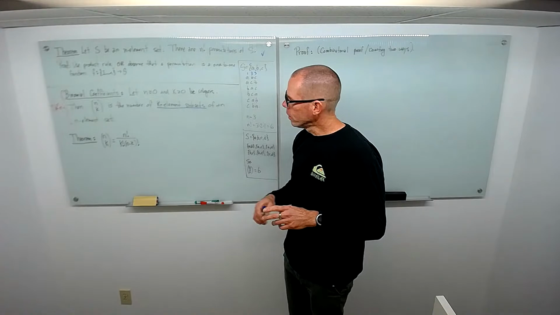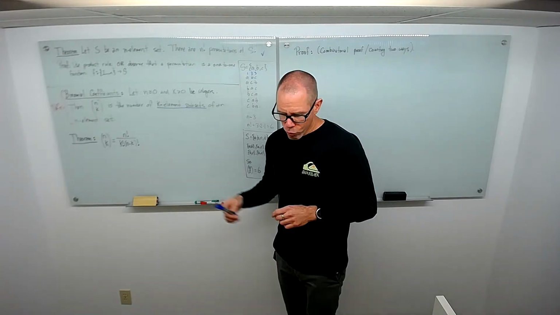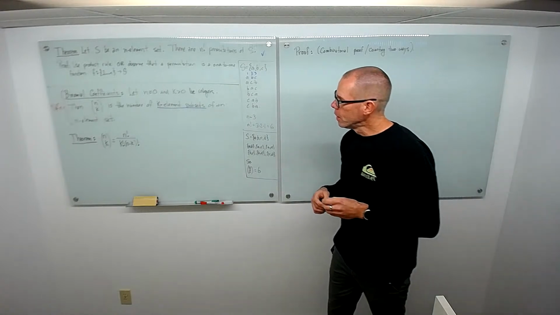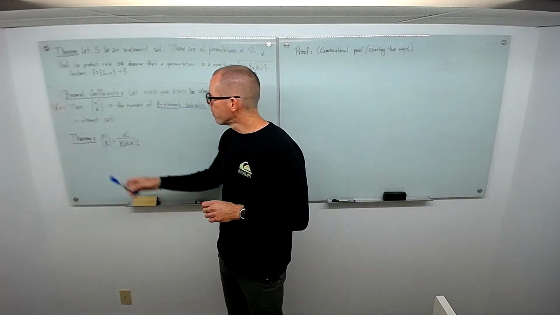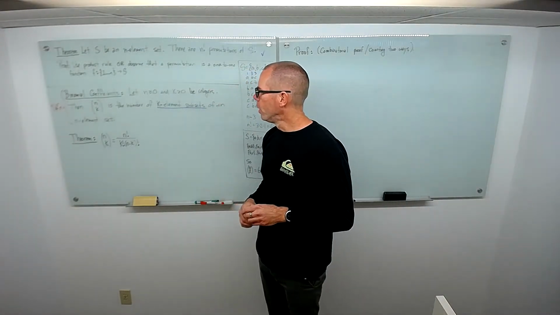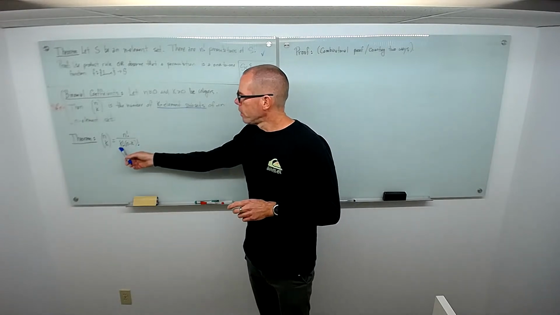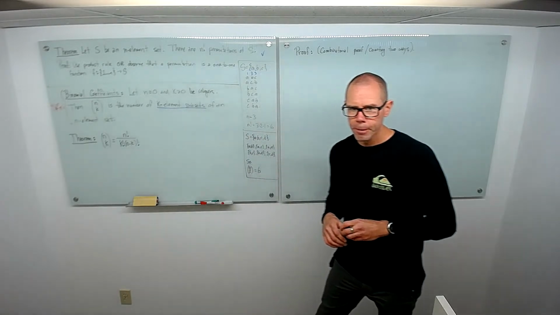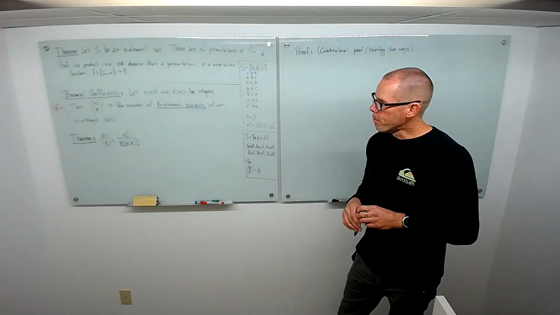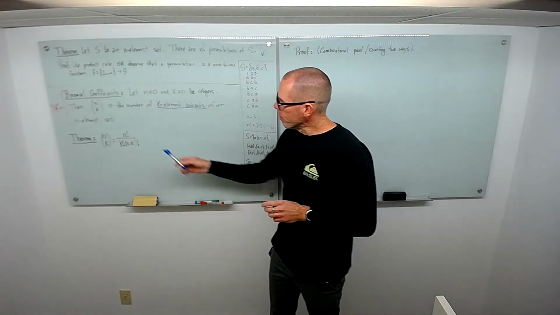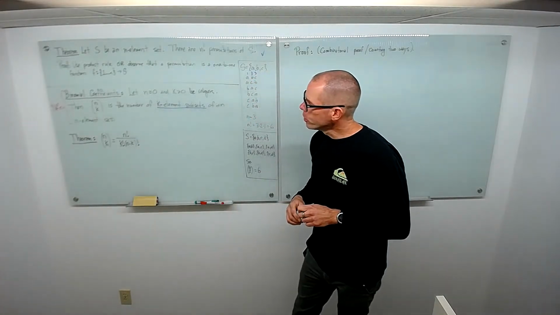And here's the formula for n choose k, which is given by this theorem. It says that n choose k is n factorial over n minus k factorial times k factorial. And we'll prove this in a second. Some of this maybe looks a little bit familiar to you.